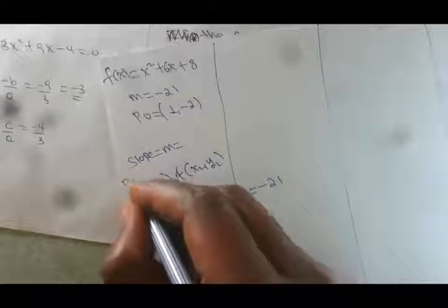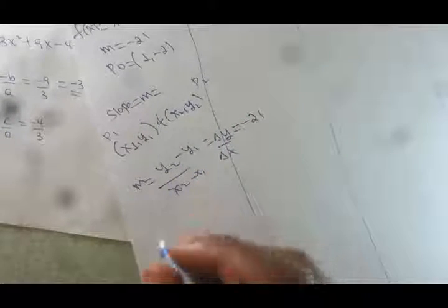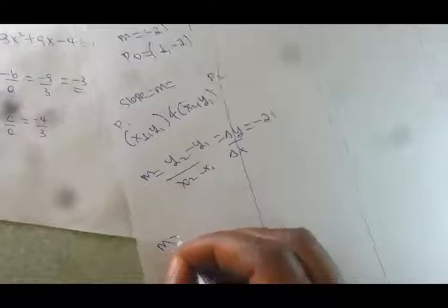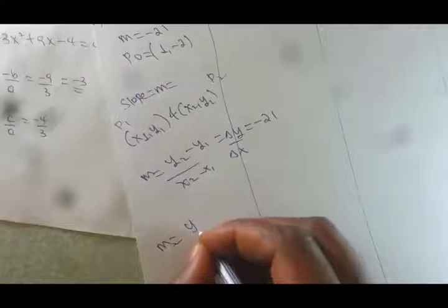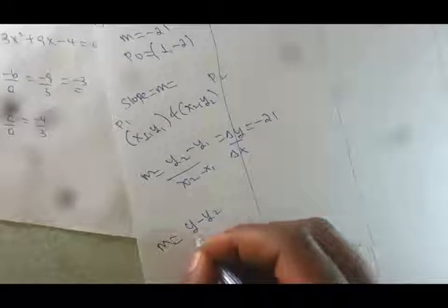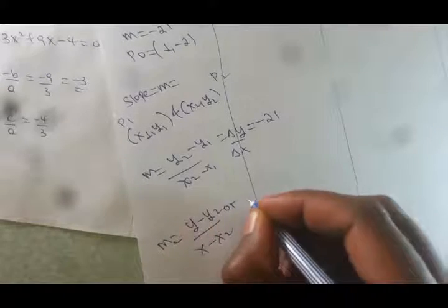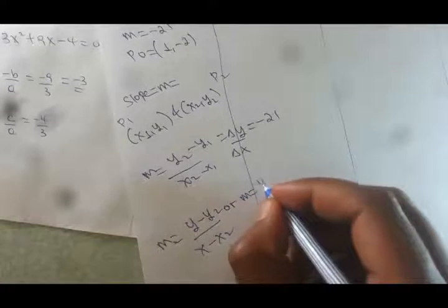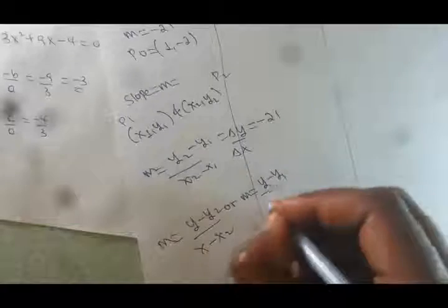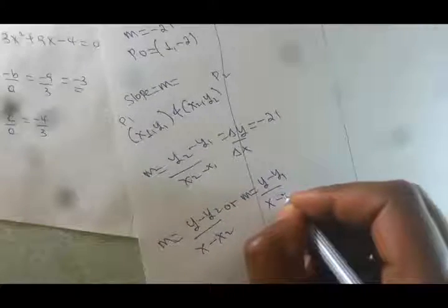And to find the equation of a line, we use m is equal to y minus y2 over x minus x2, or m is equal to y minus y1 over x minus x1 if you are given 2 points.